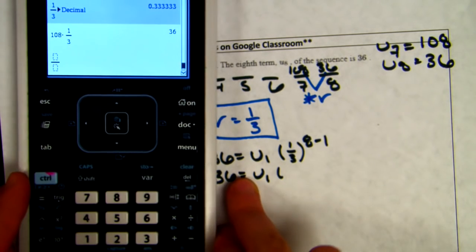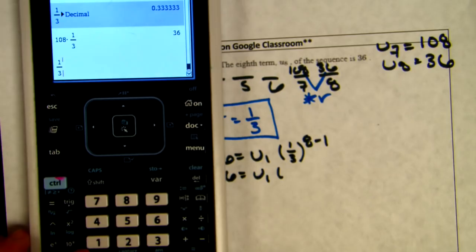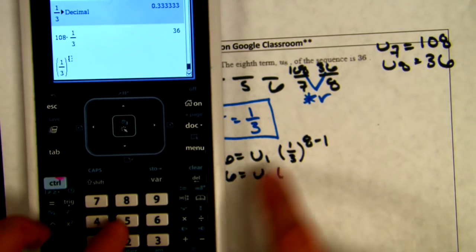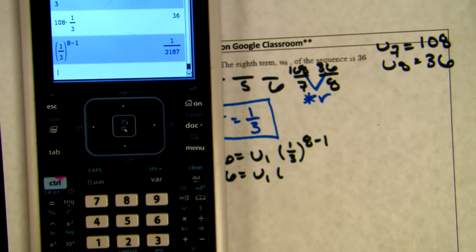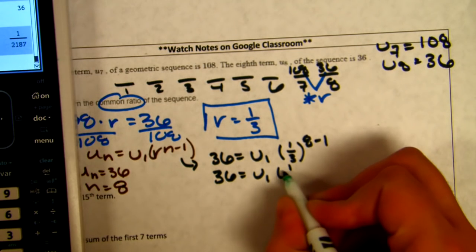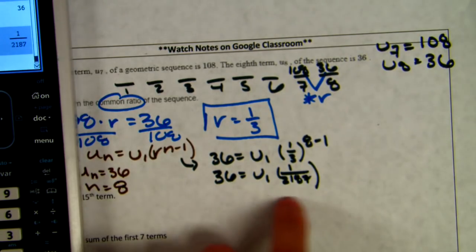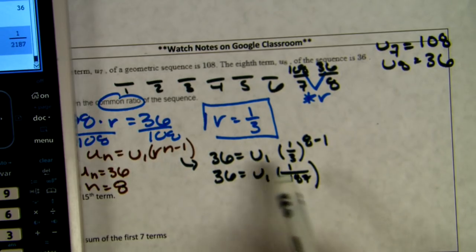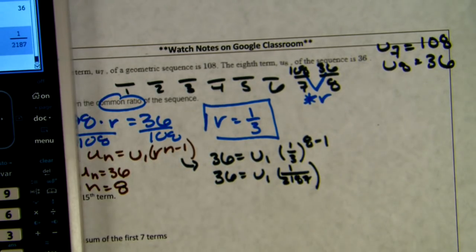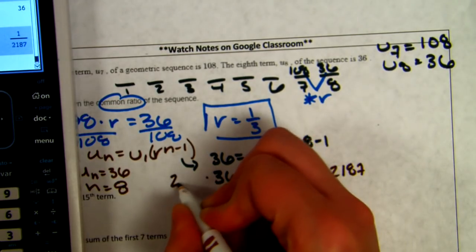I know that this is 1/3 to the power of 8 minus 1, which is going to be 7. That gives me 1/2187. How do I undo that? Well, this is dividing, right? This is saying u1 divided by 2,187. I can multiply both sides by 2,187.